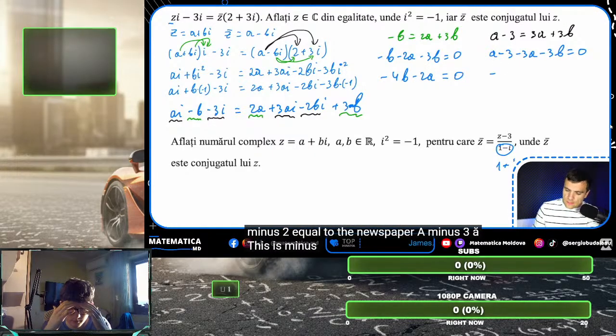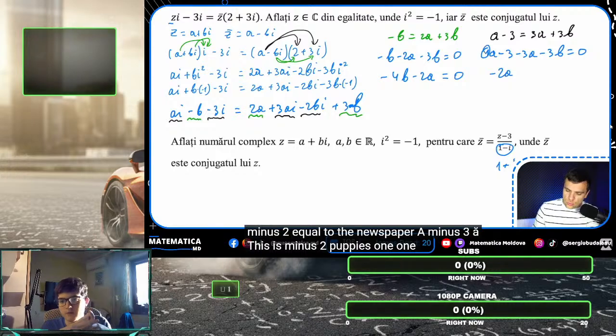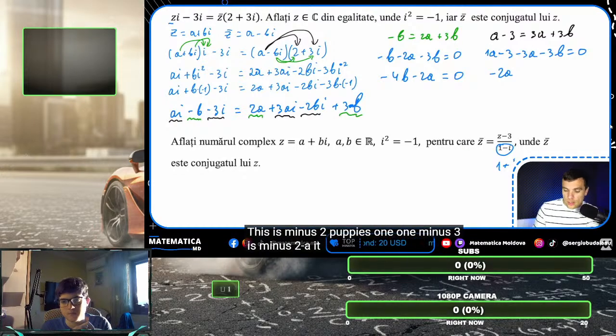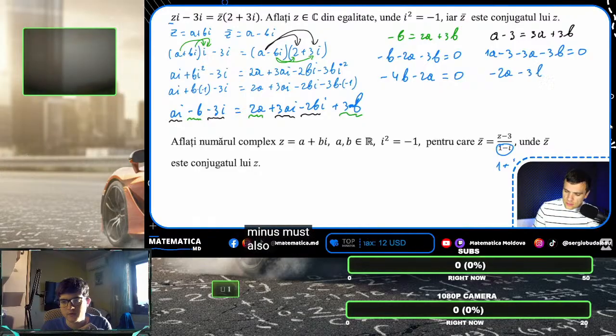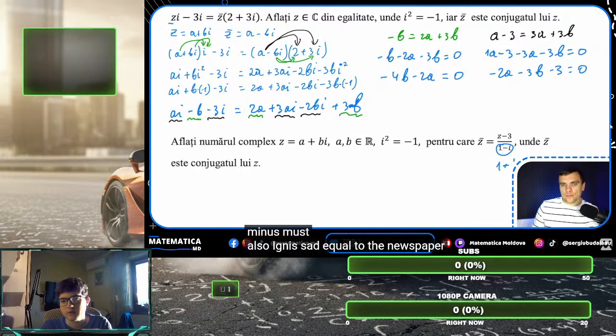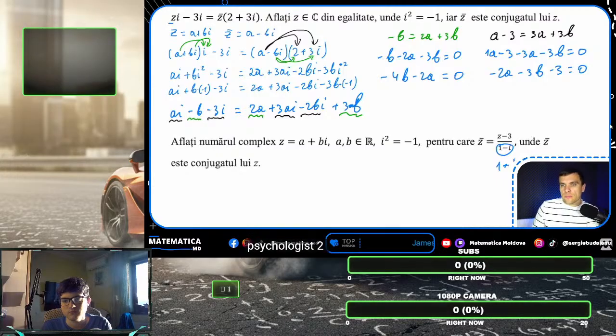We got minus 4b minus 2a equals 0. There, minus 2a. Minus 2a, huh? Yeah, and minus 3 minus 3b equals 0. And what now? We do some graphs or what?